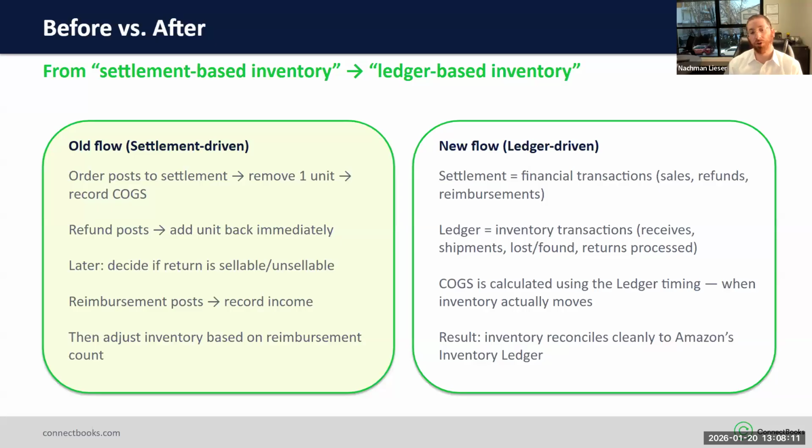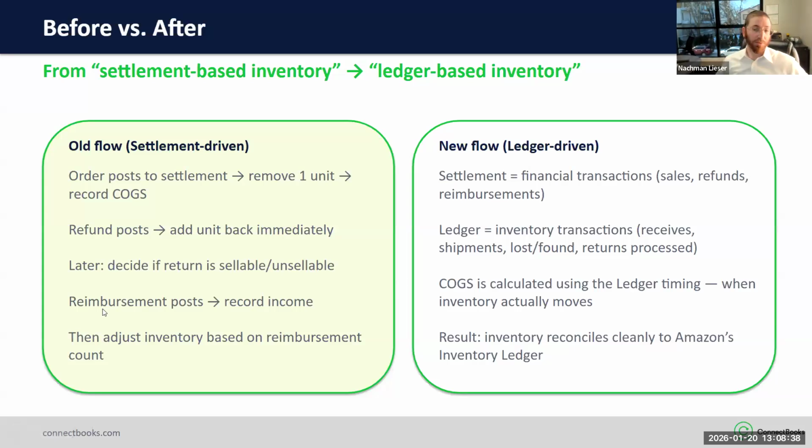The way we used to do it is, once you got reimbursed in the settlement report, we know you got $20 for one unit, so you got income of $20 because Amazon paid you $20. And this product cost $10, so we take $10 out of inventory. So basically, reimbursements were calculated based off the settlement.